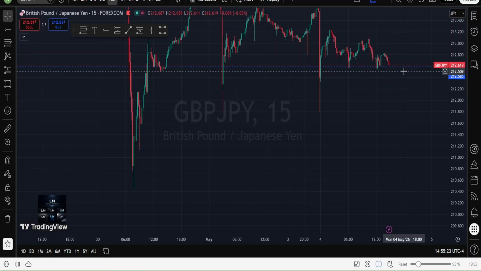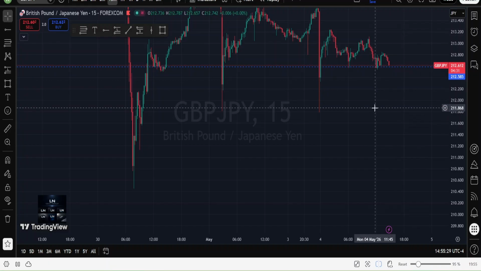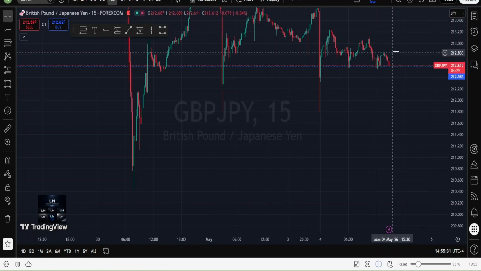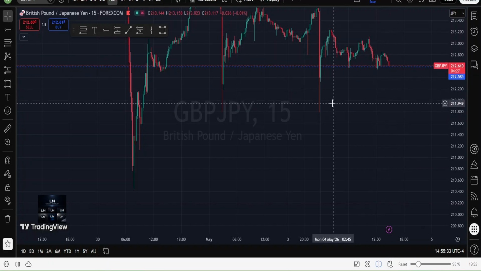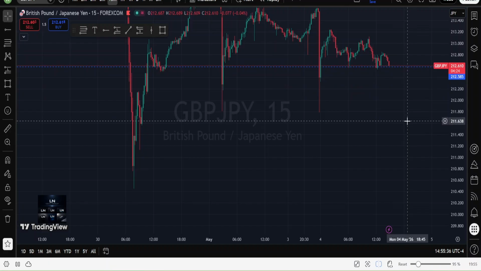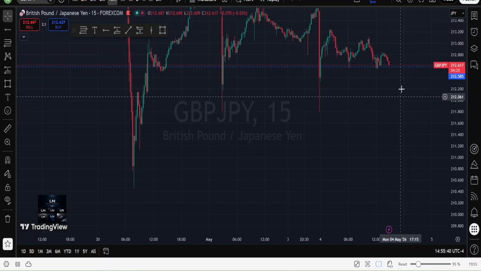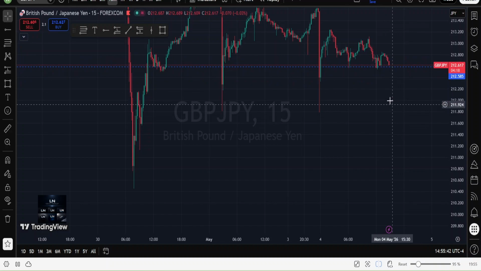After the move away from the liquidity, so after the liquidity has been swept, that's when we start waiting for our entry. We wait for the market to retrace back after the displacement, maybe inside a fair value gap or order block or whatever, or just a pullback to give you an entry, because you don't want to buy at the height of the market.